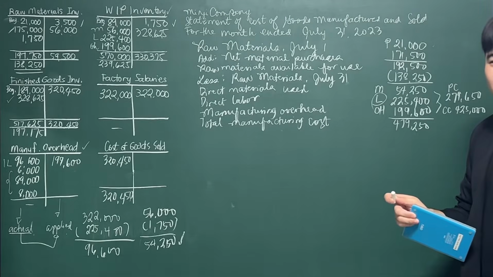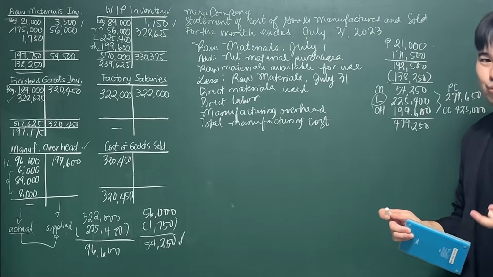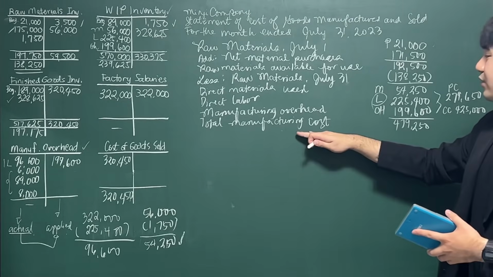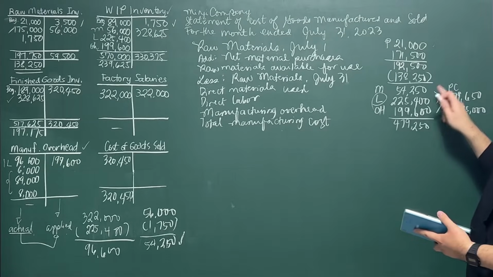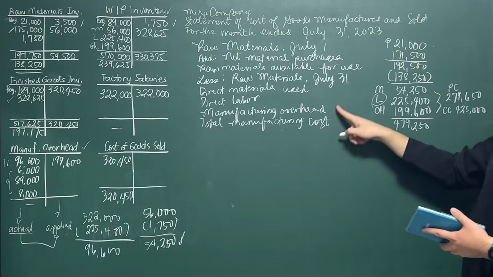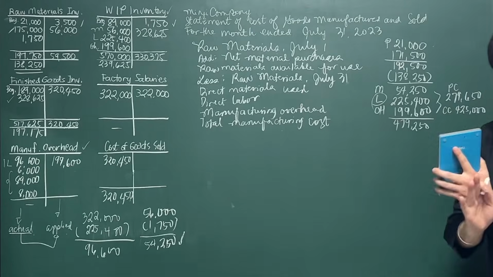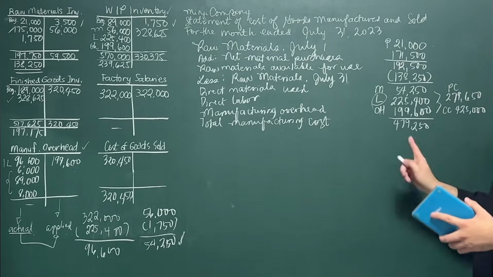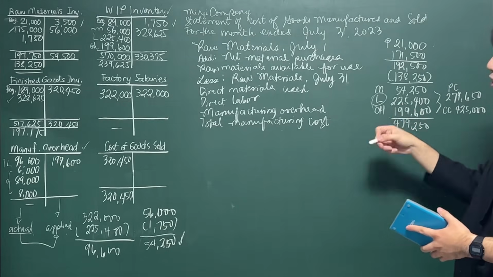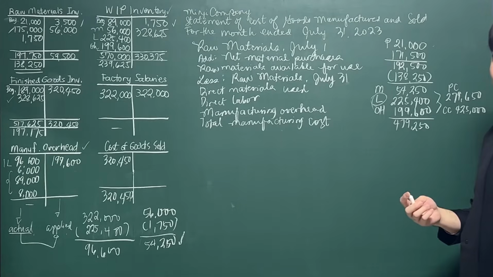You are computing your labor amount twice if you do that. So your total manufacturing cost is either prime cost plus overhead or conversion cost plus materials, but it is never prime cost plus conversion cost, because you will double your labor amount.